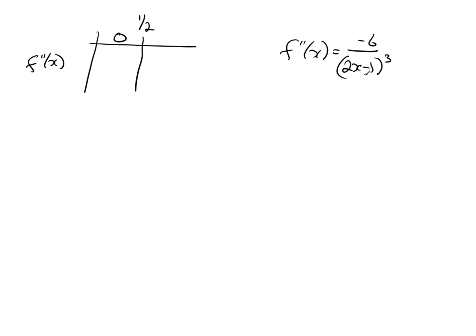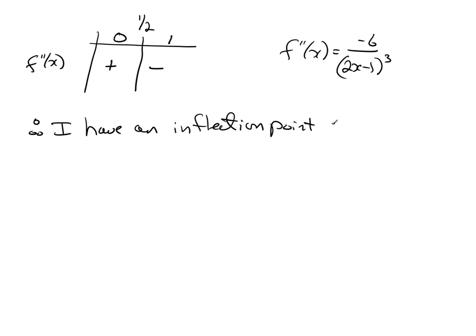At 0, I have a negative over negative. Again, all I care about is the sign. That's positive. I need something bigger than a half. I like 1. At 1, I have a positive in the denominator, a negative in the numerator. It's negative. Therefore, I have an inflection point at x equals 1/2.